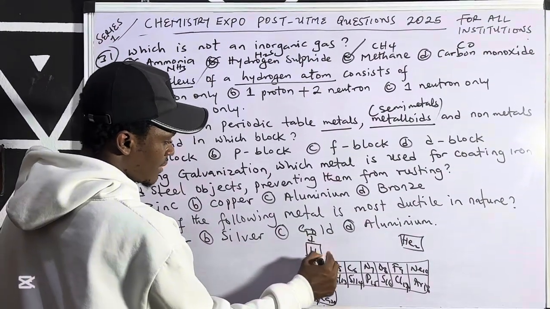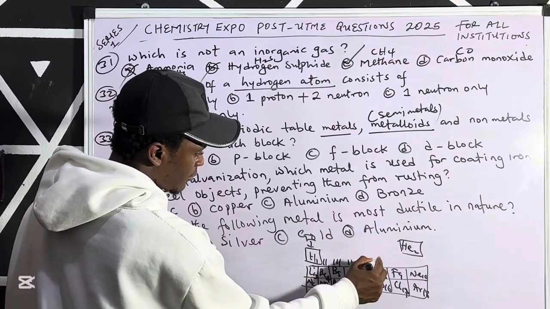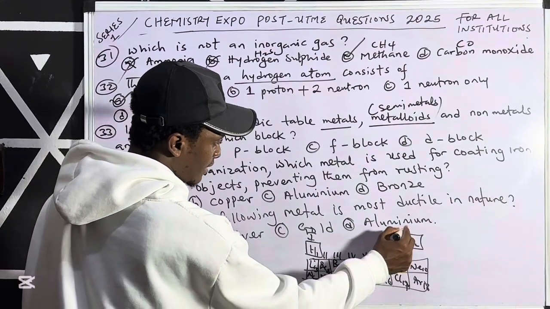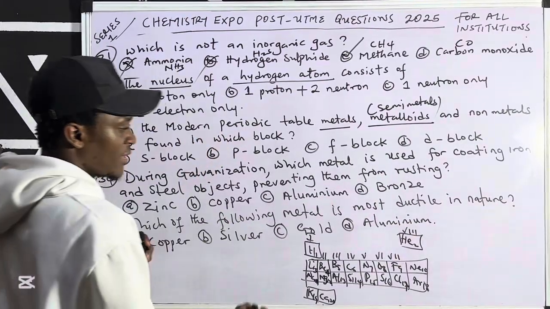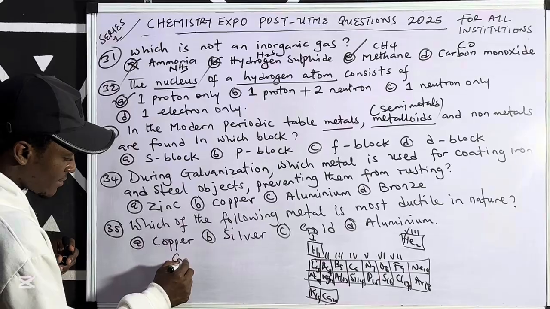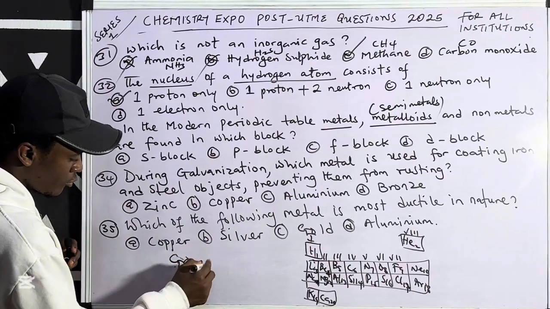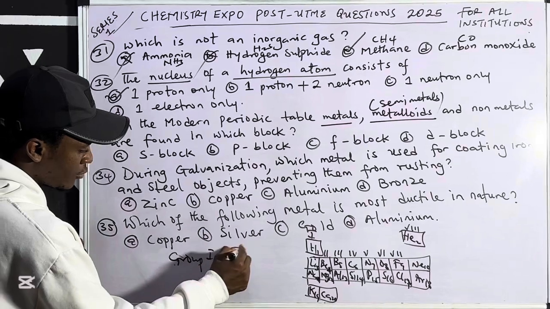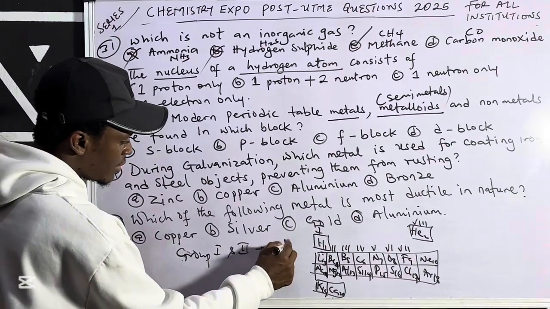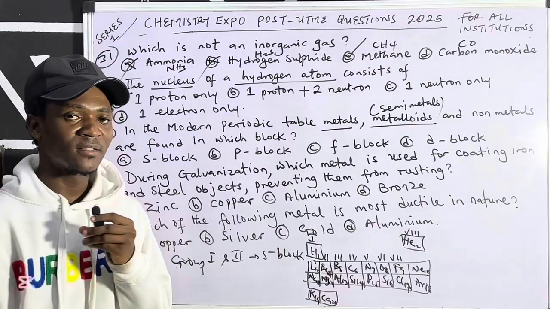Now this is group one, group two, group three, group four, group five, group six, group seven and group eight. Now looking at these groups, group one and group two elements are s block, meaning that their orbital representation ends in the s orbital, alright.